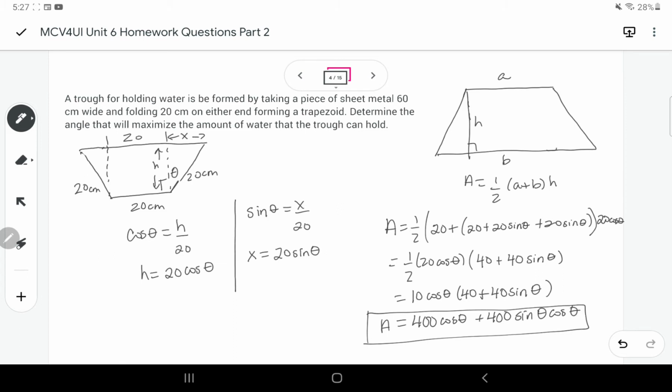That's an expression for the area of the trapezoid in terms of that angle theta, if we know those 20, 20, and 20 measurements for the shorter base and the 2 diagonal lengths. So from here, I'm going to take this and do the derivative.